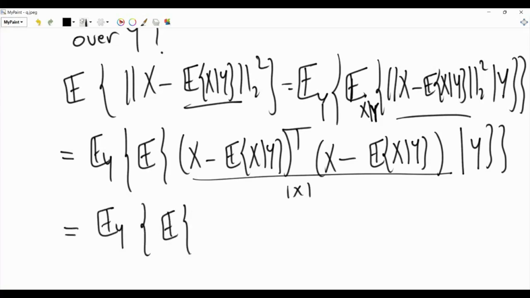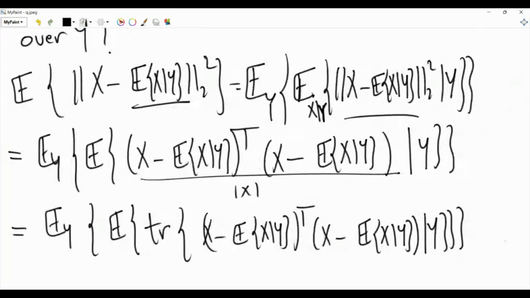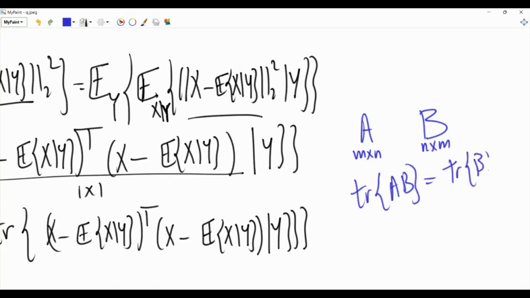Okay, so we'll write down this inner product as a trace. The trick here is that if we have a matrix A of size m by n and a matrix B of size n by m, then the trace of AB is equal to the trace of BA.